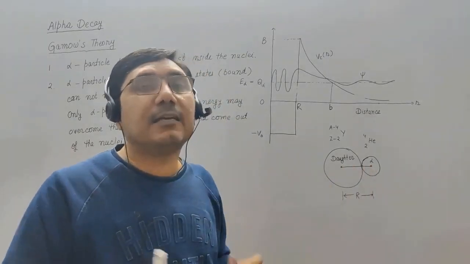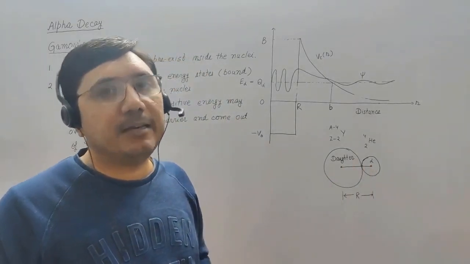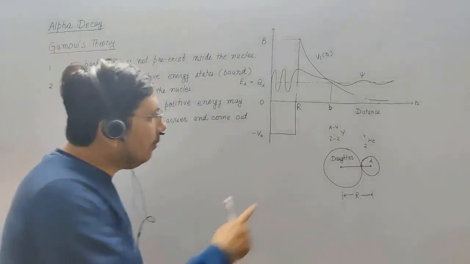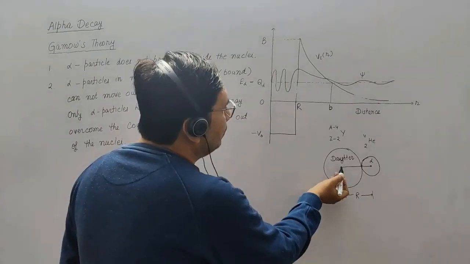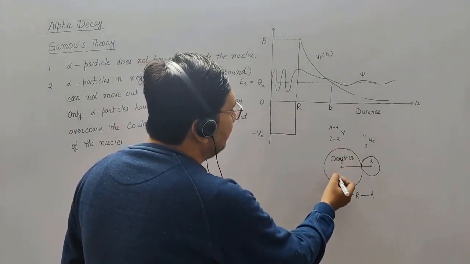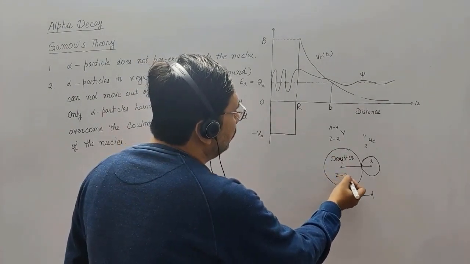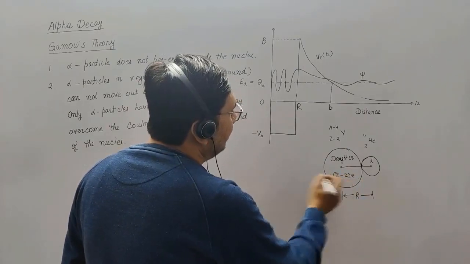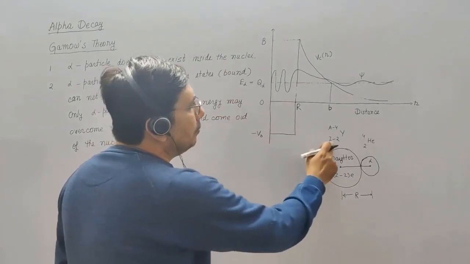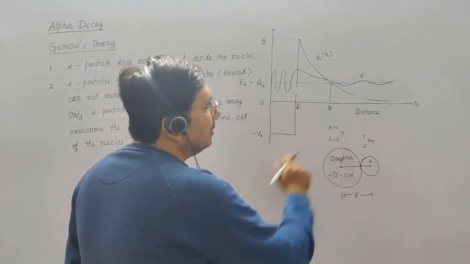At that moment we can easily calculate this barrier potential. What will be the charge on this deuteron nuclei? That will be Z minus 2 E, the positive charge carried by this deuteron nuclei. Here the daughter nuclei is Z minus 2, Y, A minus 4.